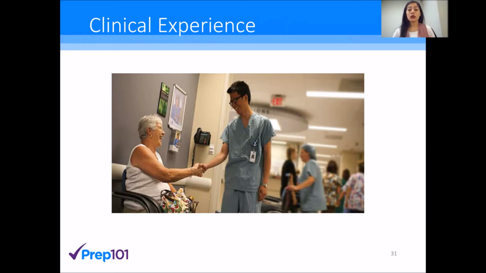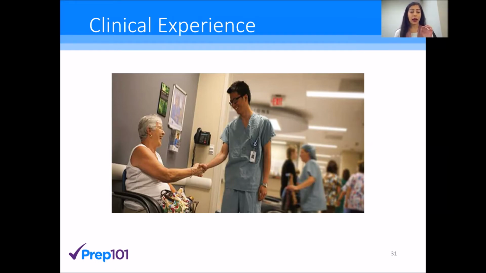Having some sort of clinical experience shows the schools that you really know what this field's going to be like. You know the ins and outs, you know the day-to-day interactions that take place. You have an idea of what a department in a hospital looks like, or a walk-in clinic, something along the lines of giving you some sort of exposure to the field.